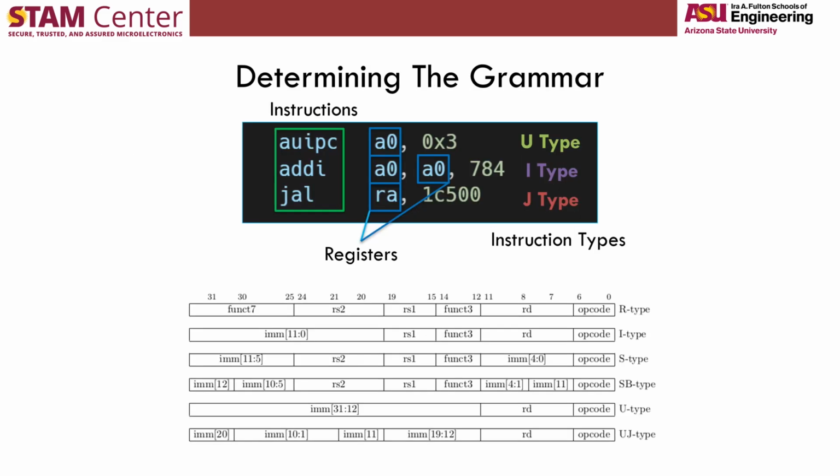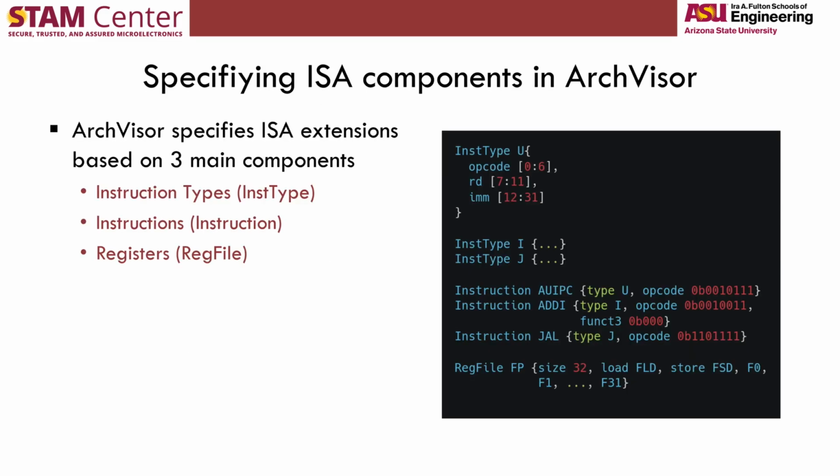To design ArchVisor, the first thing we need to consider is the grammar. In our case, we look at the various components of the ISA that we need to specify. For our initial version, we look at the instructions, the registers, and we also consider the instruction types, since these control how an instruction should be encoded or decoded. After considering these, we developed ArchVisor to have three different data types.